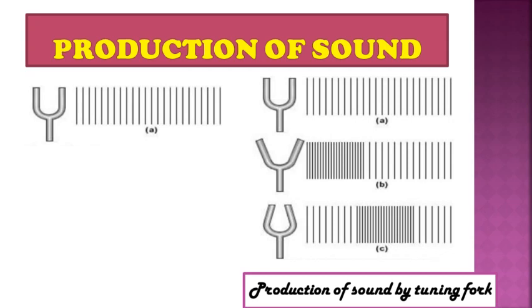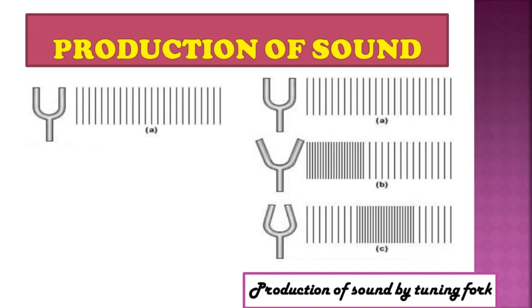So look at the A part. A shows a stationary tuning fork to show the state of air around the tuning fork, and vertical lines. Student, you can clearly observe the vertical lines in picture A. The vertical lines are used to show the air around the tuning fork.